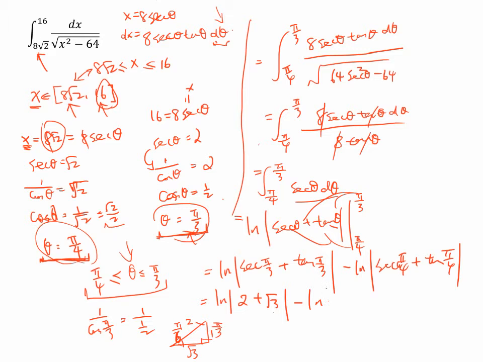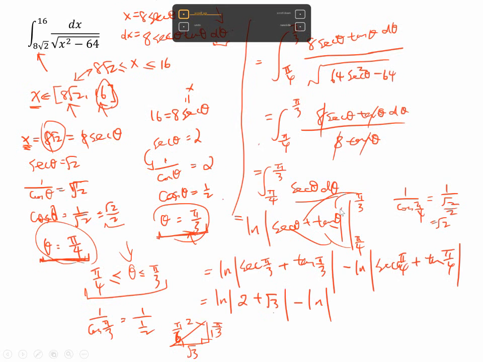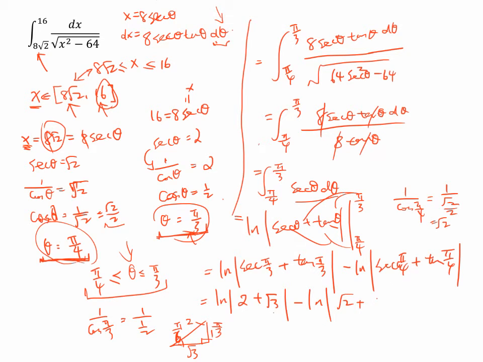Secant pi over 4 is 1 over cosine pi over 4, right? That is 1 over square root 2 over 2, simply square root 2. Square root 2 plus tangent pi over 4, which is 1. Okay, so this is my answer.